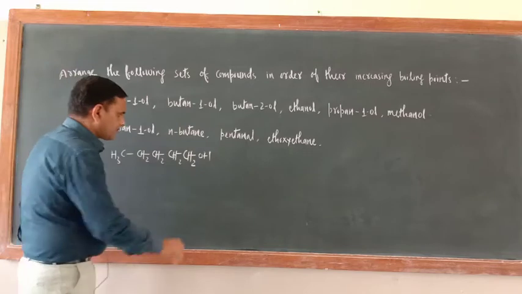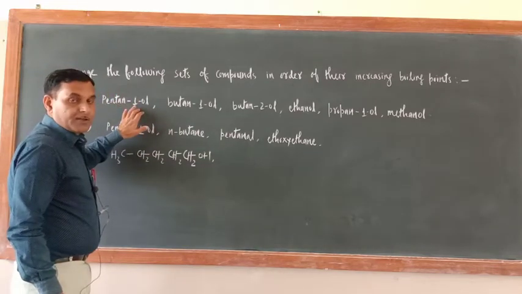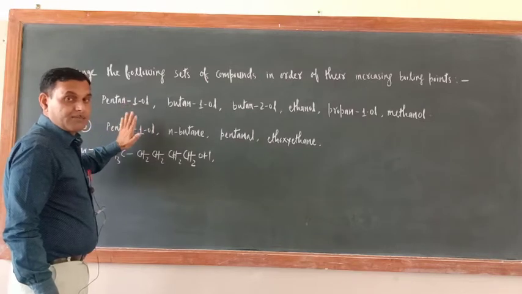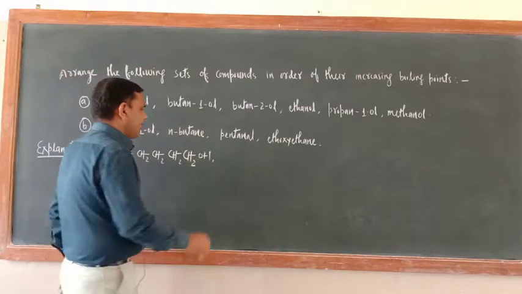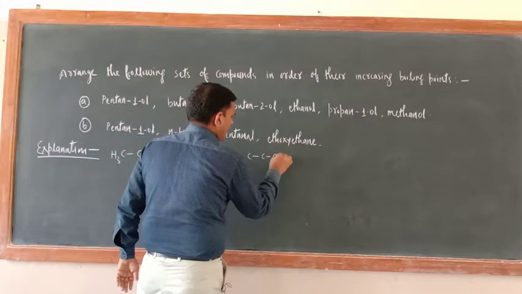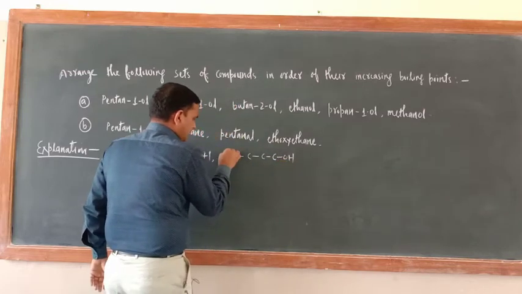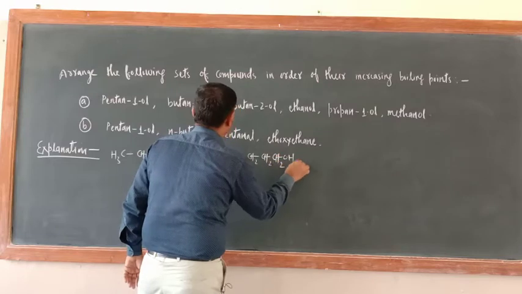You can arrange in this form only, but you should not commit mistakes. That is why first we should write their formula. Butan-1-ol: butane means 1, 2, 3, 4, and 1-ol means OH here, so CH3, CH2, CH2, CH2, OH.